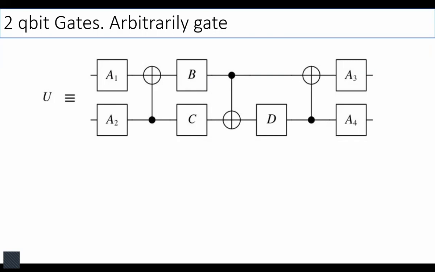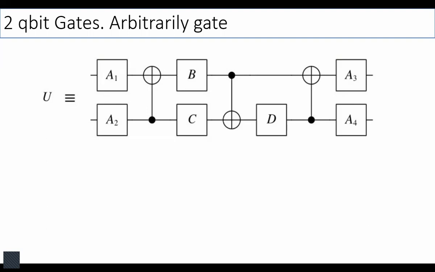Even for the proof of why any 1-qubit operation can be decomposed, I myself looked. For this proof, I even didn't look, but still I believe it. So any 2-qubit operation, any unitary 4x4 matrix, can be represented in such a form.